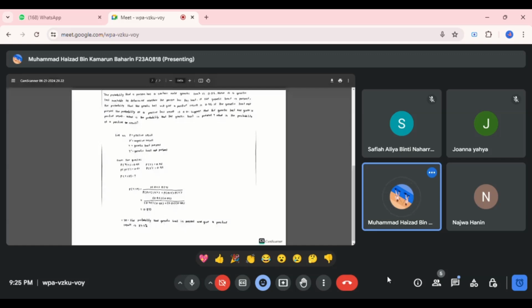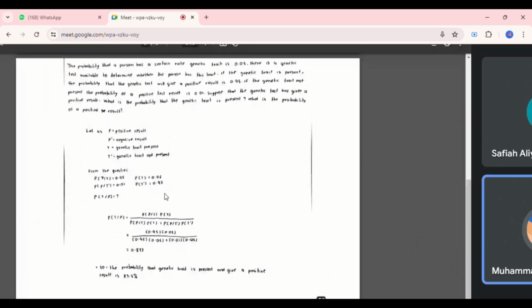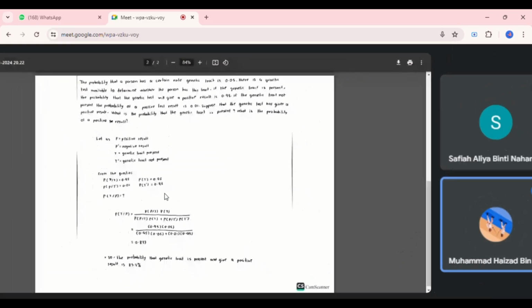The question: given the probability that a person has a certain rare genetic trait is 0.05. There is a genetic test available to determine whether the person has this trait. If the genetic trait is present, the probability that the genetic test will give a positive result is 0.95.